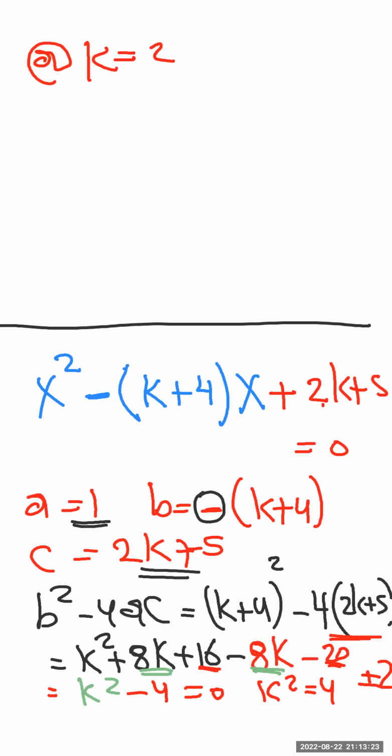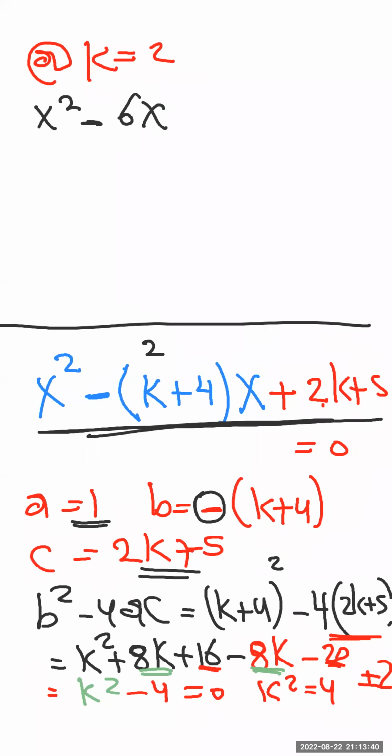The first step, at k equals 2, the equation is here. So it becomes x squared minus (k plus 4), that's 2 plus 4, so 6x, plus 2k, that is 2 times 2, 4, plus 5, 9, equals 0.